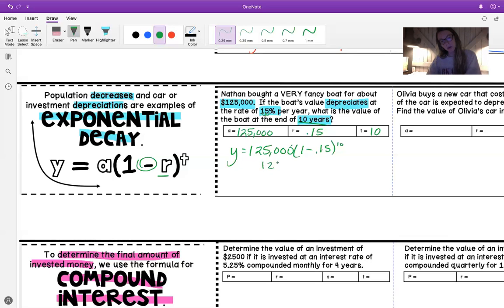So that's going to be 125,000 times 0.85 to the 10th power. And then we would get 24,000.